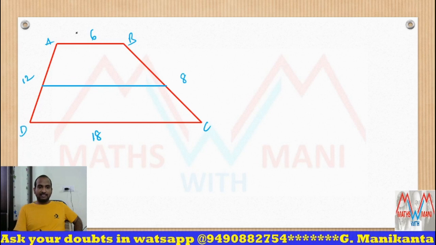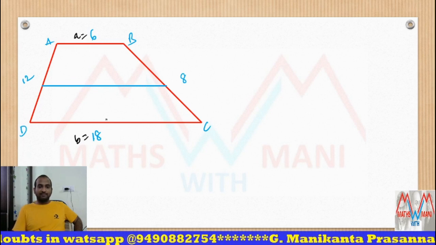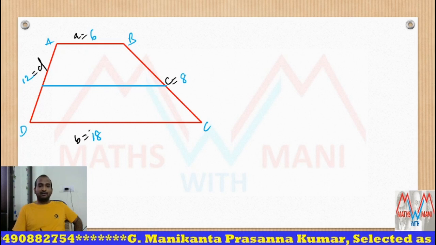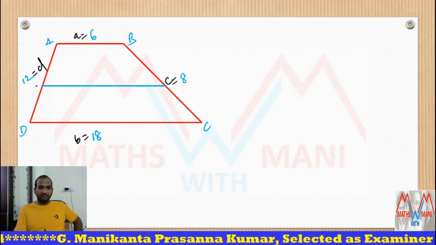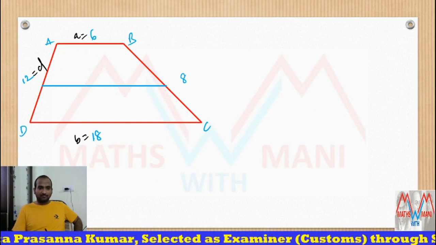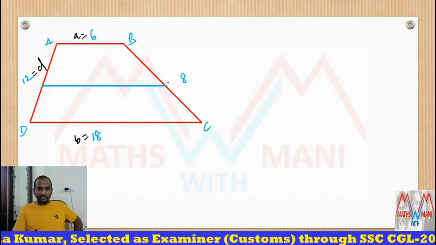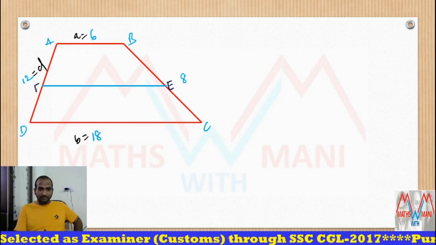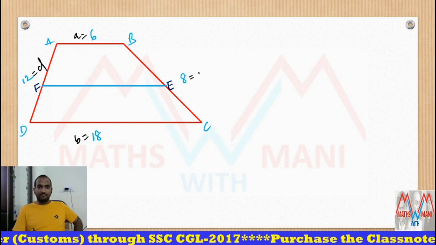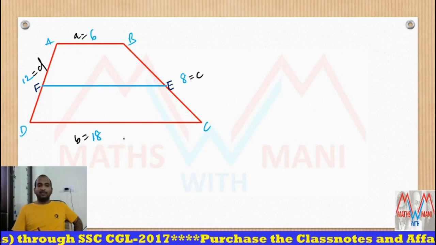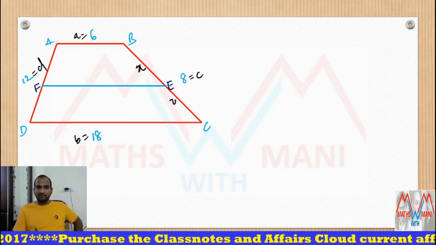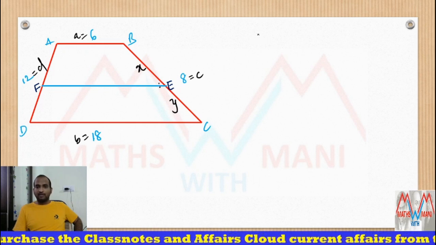That means it is A, B, C, D, and you have to find out EF. Here E and F are on the non-parallel sides, and you have to find BE by CE or AF by DF. Suppose the ratio is X is to Y. You have to find out X is to Y.